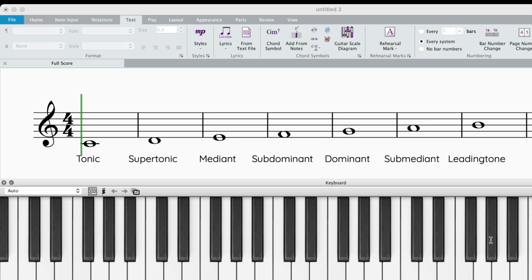And the last little note here is just to start understanding that we have different intervals. An interval is a distance between 2 notes. And the interval we're going to talk about today, very simply, is called the octave. I'm pretty sure many of you have heard about octaves and what octaves are.